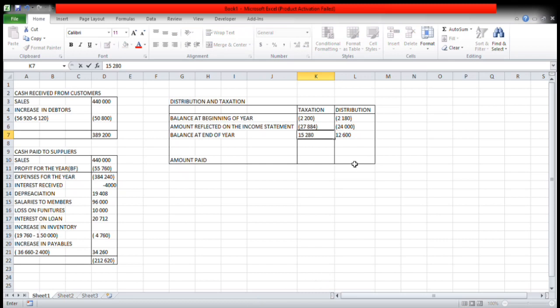So in order for us to find the amount paid, it's going to be easy. I would like you to start with the positive. So let's start with the taxation. 15,280, you're going to less the 2,200, then it's going to give us how much? 15,280 less the 2,200 gives us 14,804.